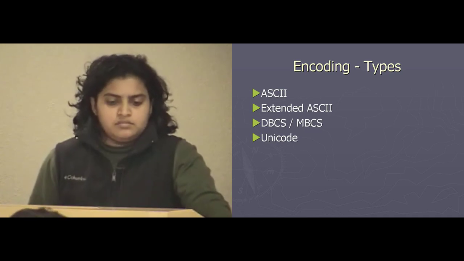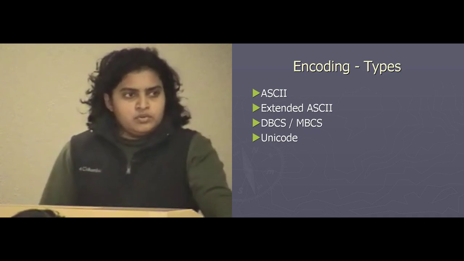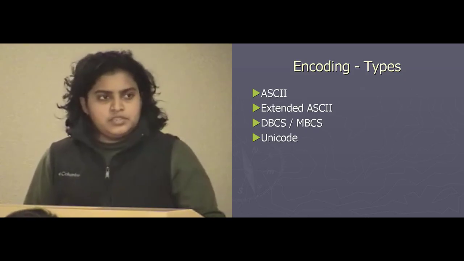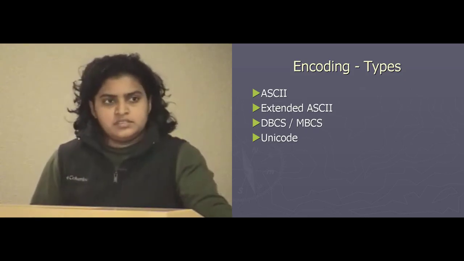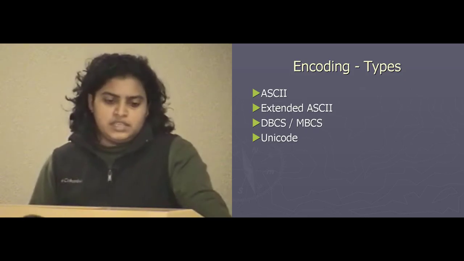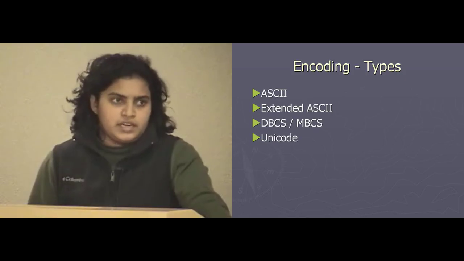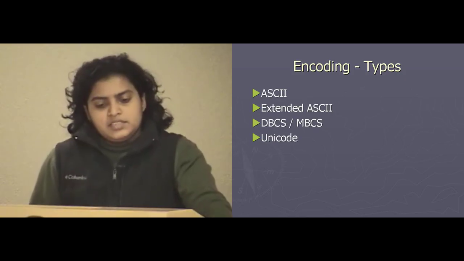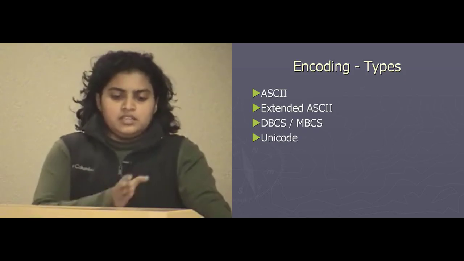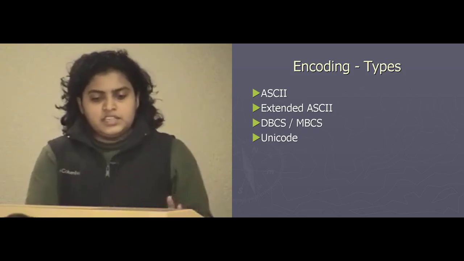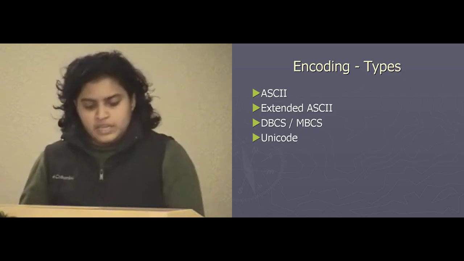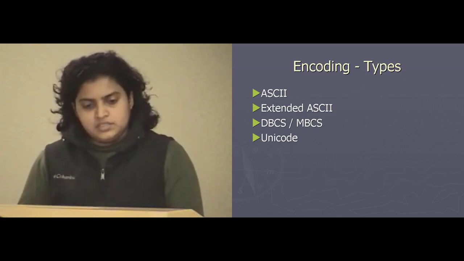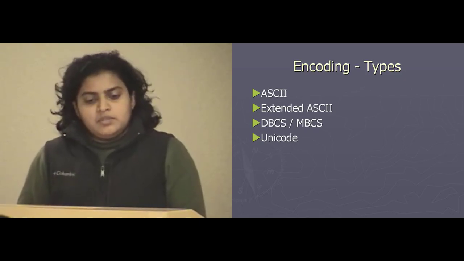ASCII is a single byte encoding system where every character is represented by a byte, but the obvious flaw is that you can only have 128 characters represented. Extended ASCII included most of the English characters plus a few more, mostly for the Eastern European languages. Then came the Far East languages.